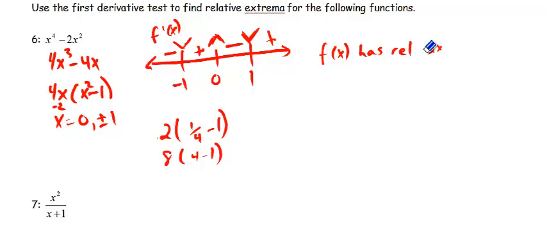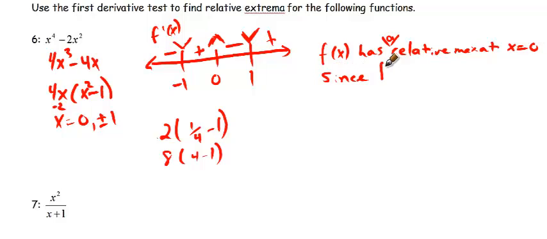And actually I should do this right the first time. f of x has a relative max at x equals, well, we have a max at 0. But you have to tell them why.